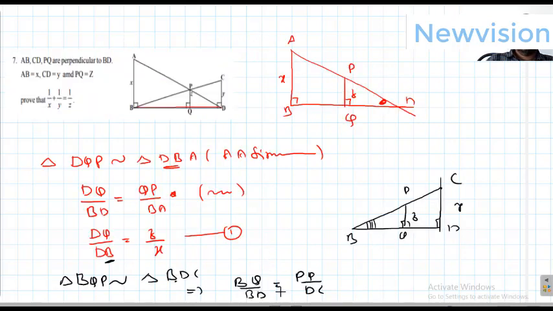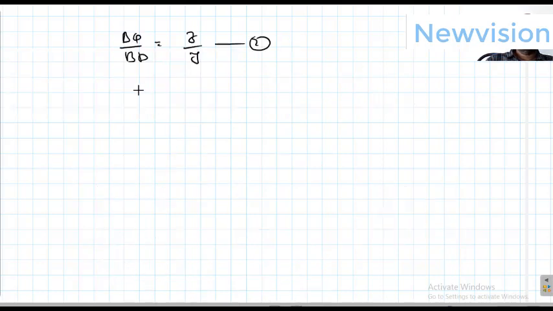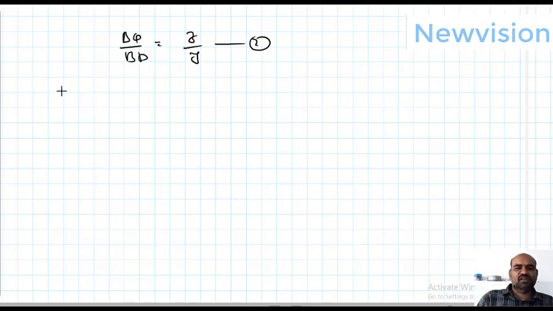Now observe 1 and 2. From 1, in the denominator BD is there. In 2 also BD is there. In such a way we want to take the triangles. Now I want to add 1 plus 2.